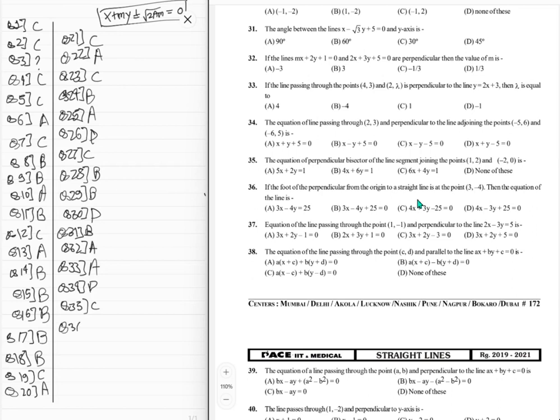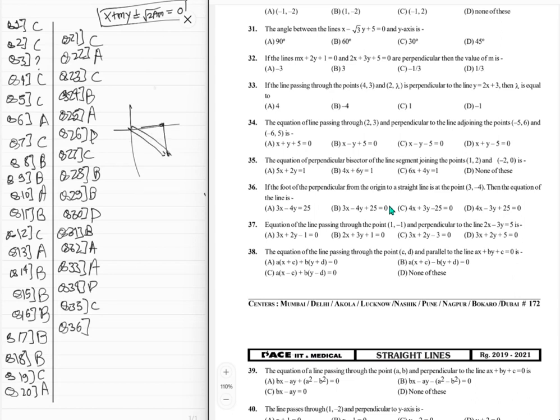Question number 36. If the foot of perpendicular from the origin to a straight line is at this point, then the equation of the line is... So just draw it out. 3 comma negative 4, that's somewhere over here.